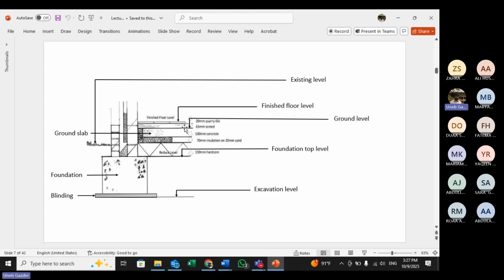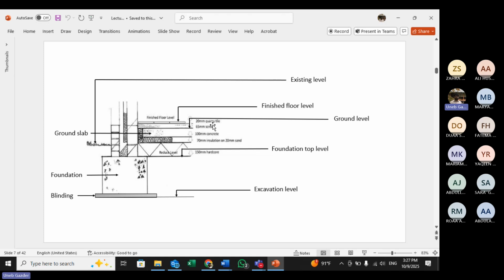After the ground slab, over the slab you put something called screed, and we use it over the roof as well. The main idea is again to protect the slab and to maintain the temperature. Over the screed you have the finishing.